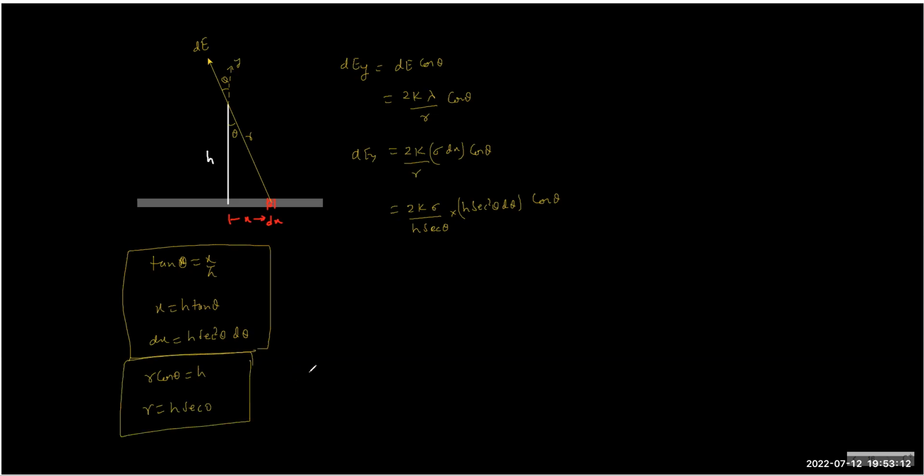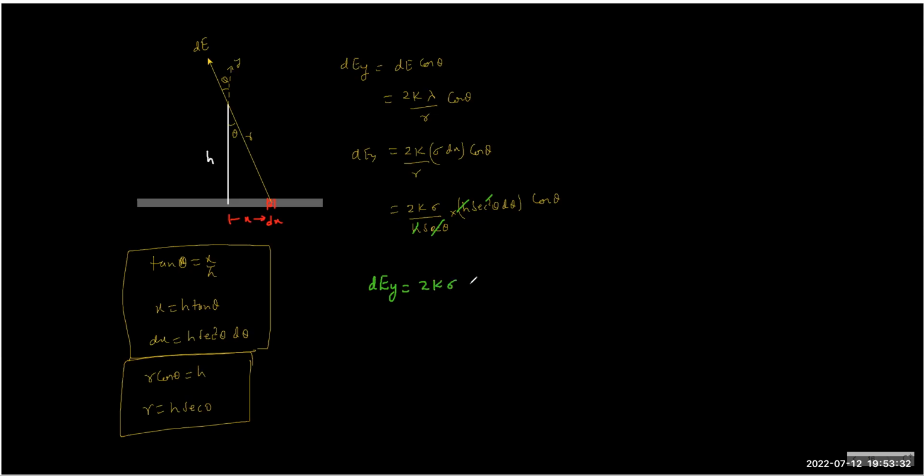There should not be any confusion in what I have written. If you have, you can ask. So in dy, h cancels. Cos into sec is 1. So that's a simple answer.